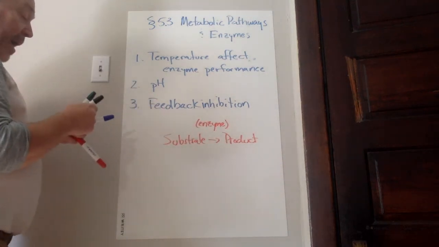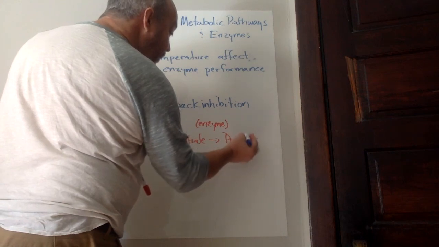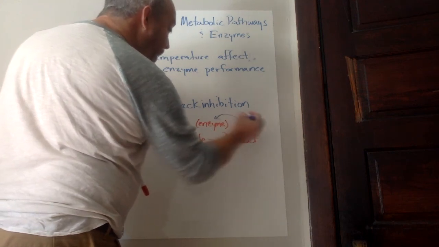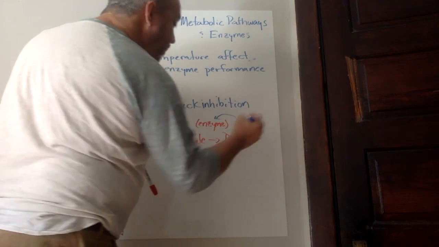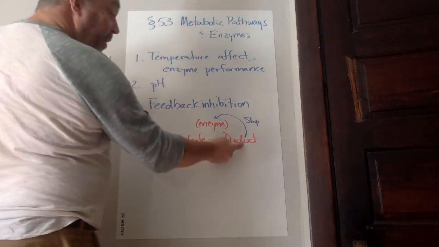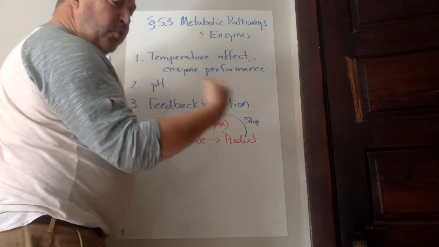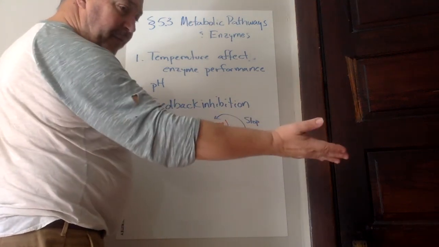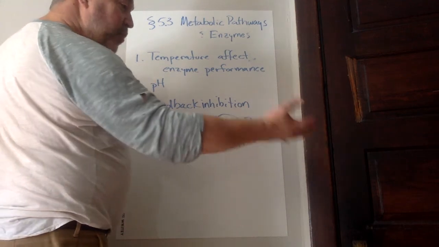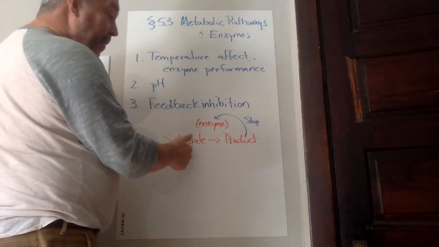But if you have too much of a product, this product can come back and stop the enzyme. This is why it's called feedback. Your end product is telling you, hey, you got too much of something. Just like you take a survey at the end of your transaction and you give the person feedback so the next time around they can do a better job.